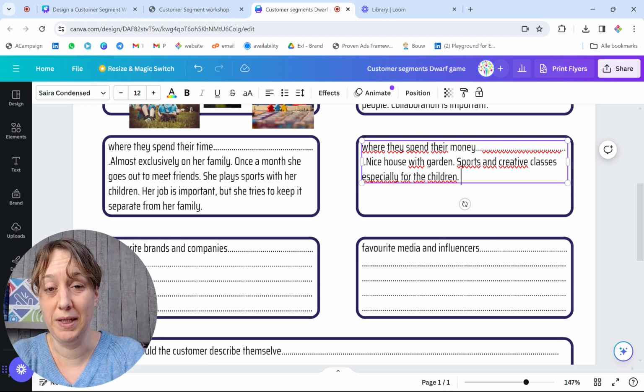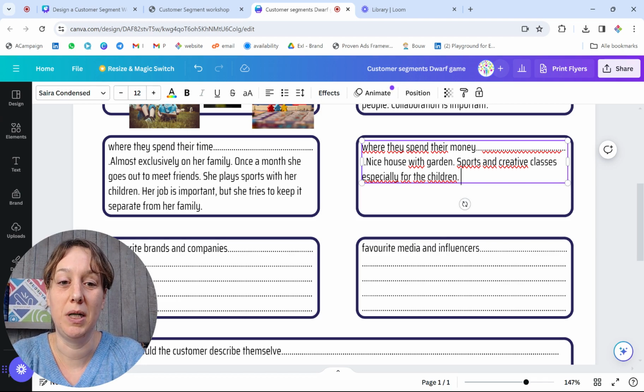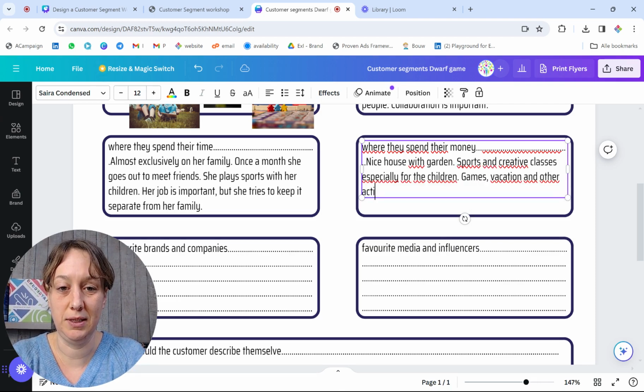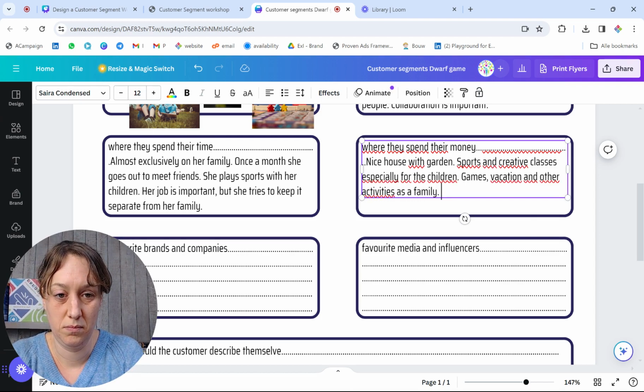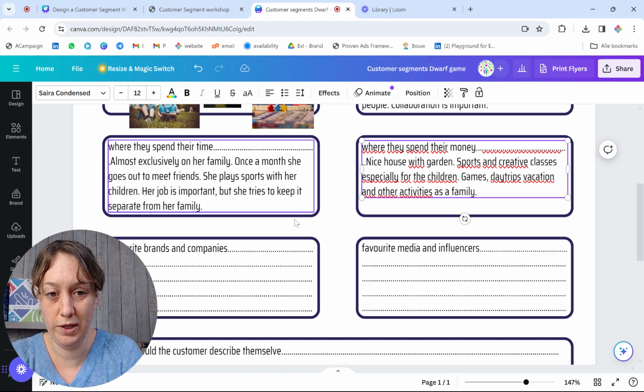They also spend their money on games, vacation, and other activities. And all sorts of trips, day trips with their family.